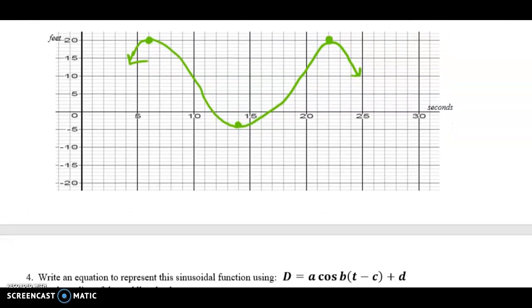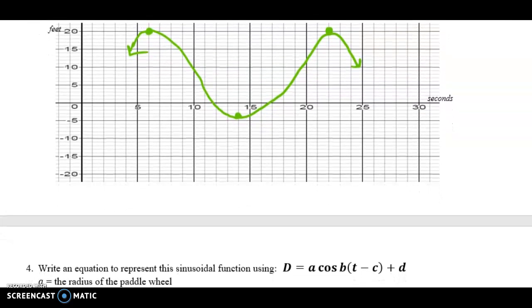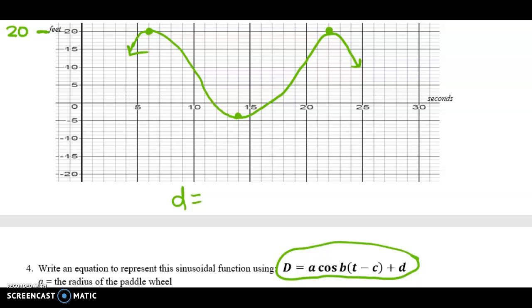Our next move is to write the equation. So using this format, d equals the amplitude. Before we can find the amplitude, we really need to know where the midline is. So that's 20, and the low is -4. You can average these two.